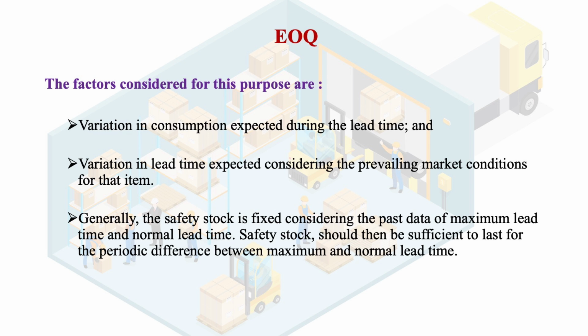Next point: generally, safety stock is fixed considering past data on the maximum lead time and the normal lead time. The safety stock should be sufficient to last for the period of difference between the maximum and the normal lead time.